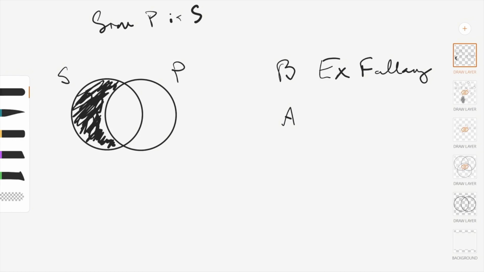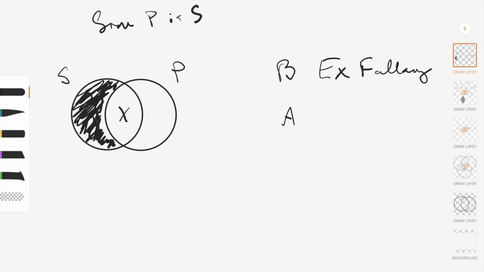And now, as you might remember from the Aristotelian interpretation of these propositions, Aristotle assumed that there's at least one of each of the terms that we're operating with. So there has to be at least one S and at least one P. And what we can do is put an X right here to indicate that there's one of each. There's at least one S because that X says there is, and there's at least one P because that X is in the region of P as well.